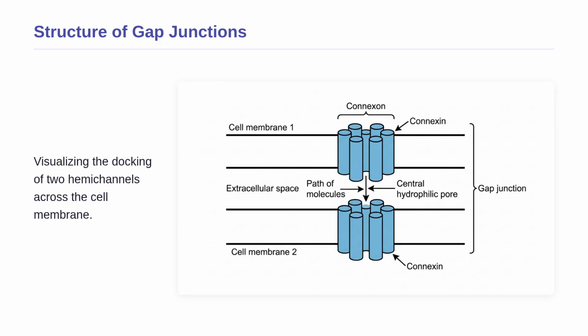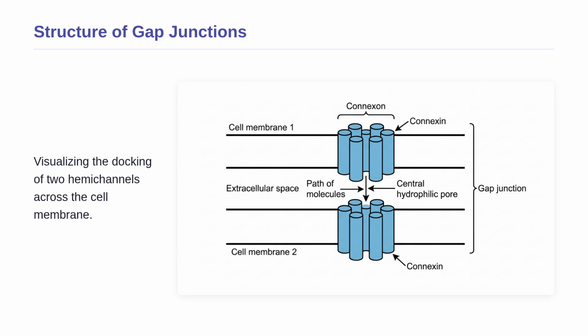Let us visualize the structure we just discussed with this detailed diagram. Here, you are looking at two adjacent cell membranes, labeled membrane 1 and membrane 2, separated by a narrow extracellular space. Notice the cylindrical structures spanning across this gap. These are the gap junctions.